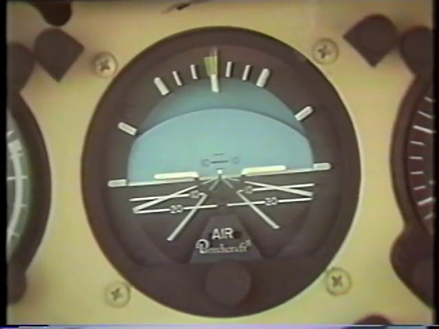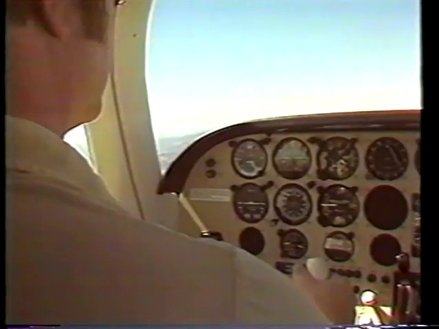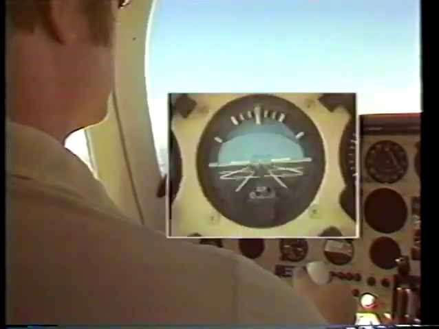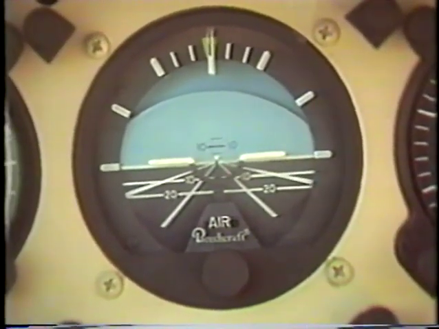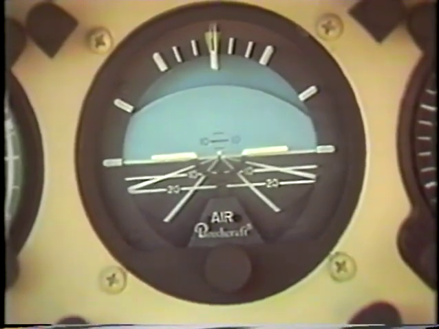The attitude indicator is also referred to as the artificial horizon or gyro horizon. Most attitude indicators on light airplanes, like the Skipper, are air-driven. The attitude indicator provides the pilot with a visual picture of the airplane's pitch and bank attitude with respect to the horizon.